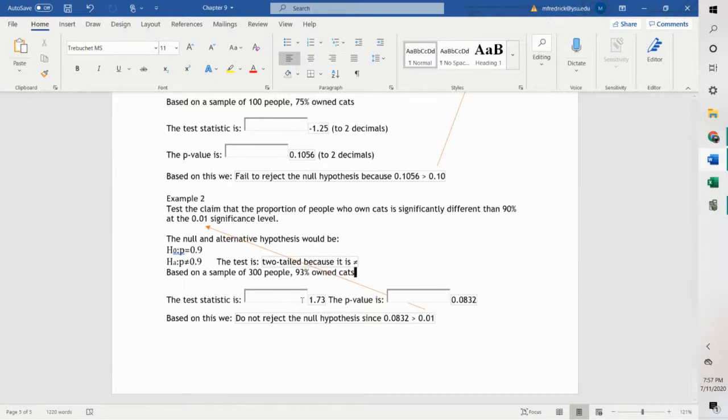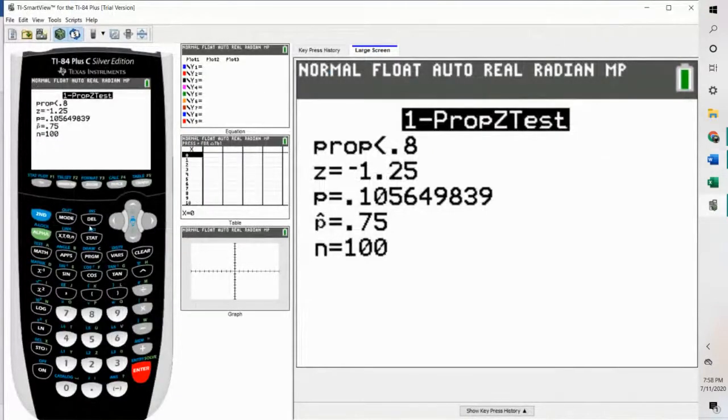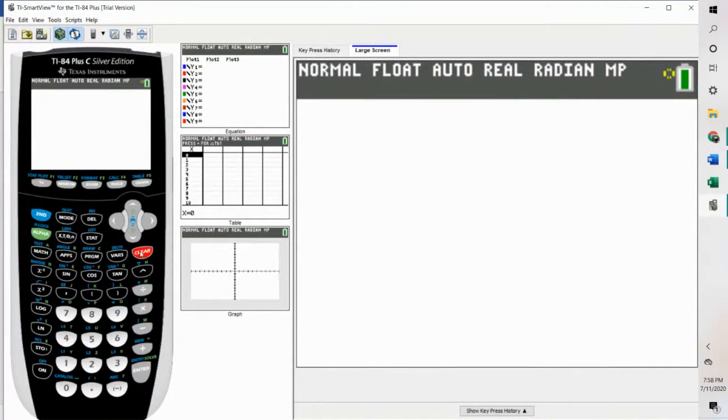And we have to find the same thing as the one above. So if we have 300 people, let's clear this. We have 300 times the 93%.